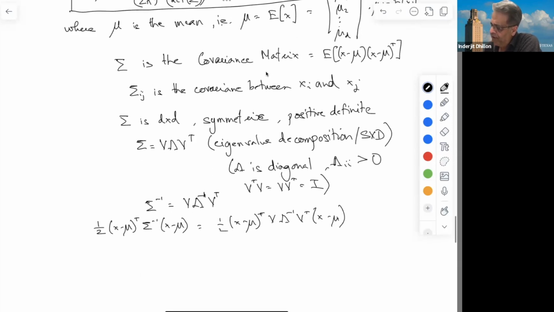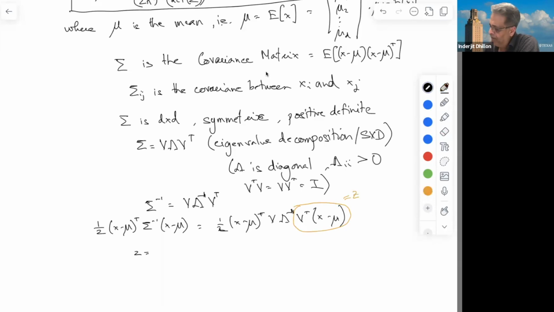So what I can do is form another variable, z, which is equal to this. Let me use a different color and make this equal to z.